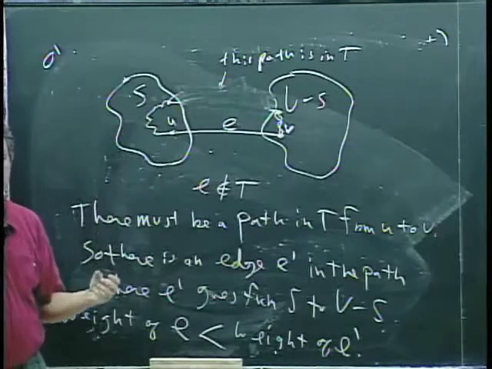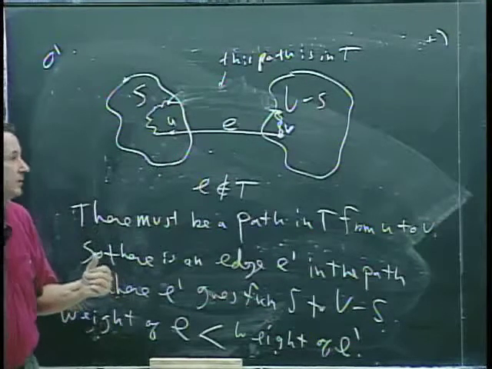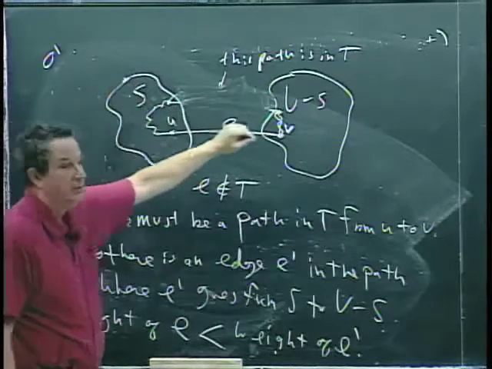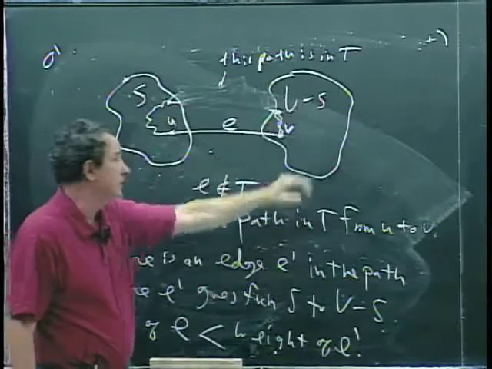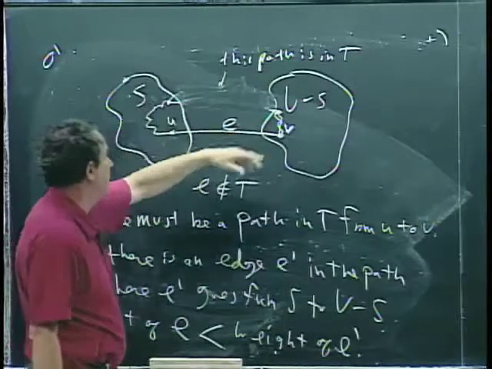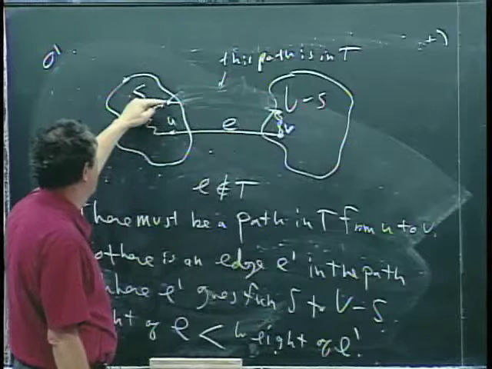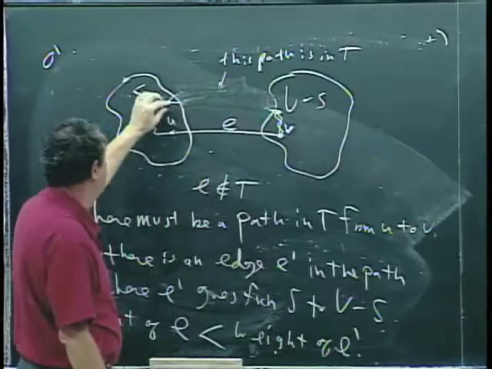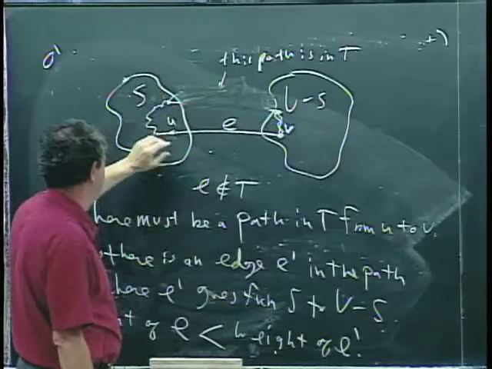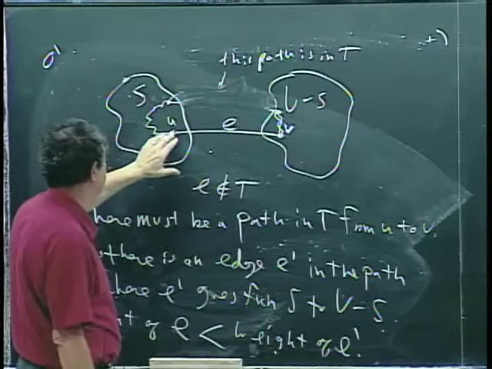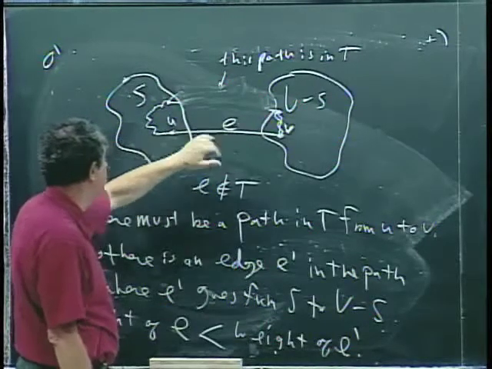Is it still connected? Well, everything that was connected inside here is still unchanged. Everything that's connected inside here is still connected. If ever you want to go from S to V minus S, previously you had to go along E prime, but now you can get from here over to here, because this is still connected, and get across going this way.